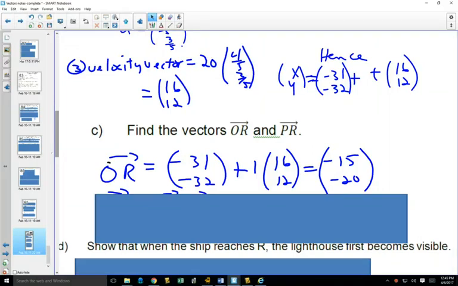If we want to find P to R, again, just draw it out. Here's O, here's P, there's R. If you want to find P to R, does it make sense that you could do that by going from P to O and then O to R?